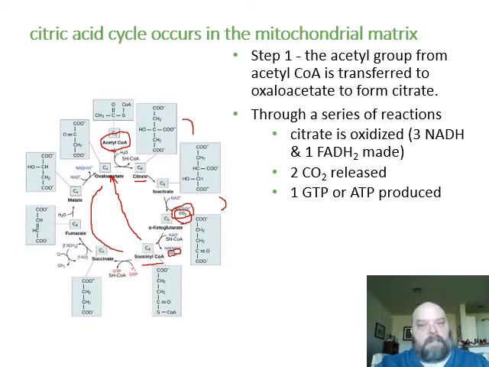Remember, shape dictates function. The shape of succinyl-CoA is really nothing like oxaloacetate. So the enzyme that takes acetyl-CoA and adds it to make citrate will not recognize succinyl-CoA. So you've got to do some rearranging. That's what these steps are all about.